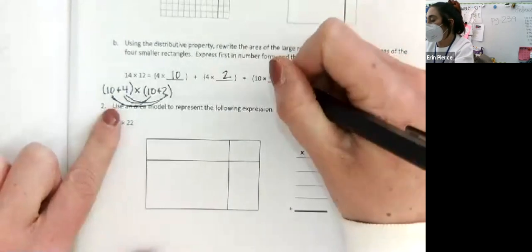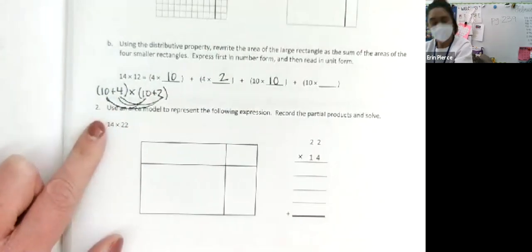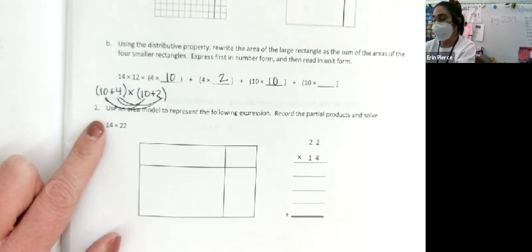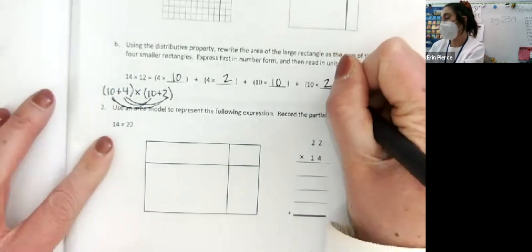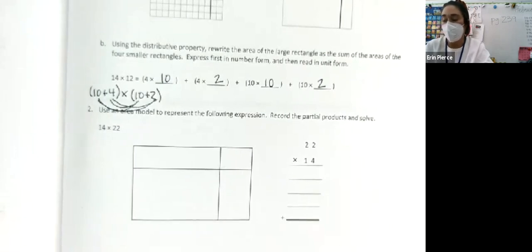We're going to be doing 10 times 10, and then 10 times what is missing? 10 times 10 and 10 times 4. We already have one that says 10 times 4. 4 times 2. What do you think, Jaylee? 2. Times 2. Okay. All right.